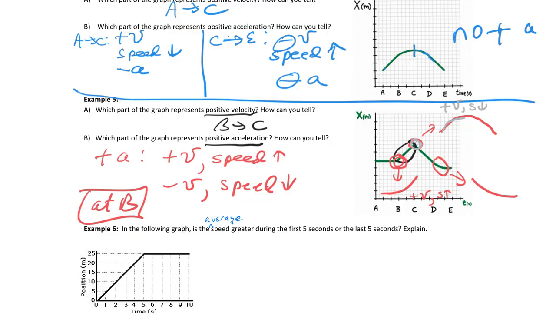Then right here, we got negative velocity. The speed is increasing. So that's not it. How about right here? Right there, we got negative velocity and the speed is decreasing because it's flattening out.